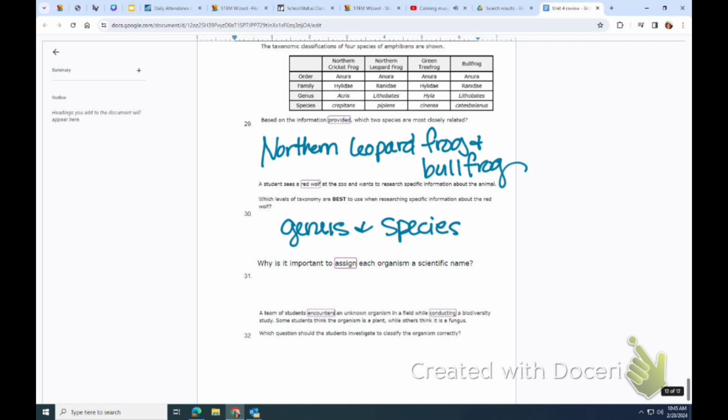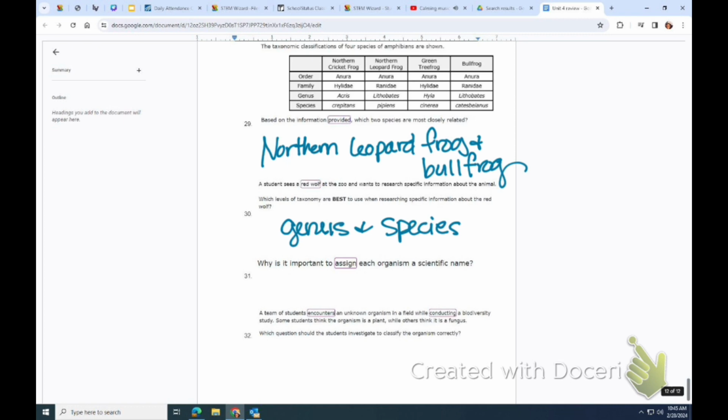31. Why is it important to assign an organism a scientific name? Stoley? You can't have them all being called wolf, because there's different species. Canis lupus is gray wolf. They're bigger. Absolutely. And there's another thing. I'm from Northeast Texas. Where I grew up, we call certain plants by certain names that nobody else in the world uses. So you have those regional naming systems that don't work worldwide. And people have to have a way to communicate about organisms.